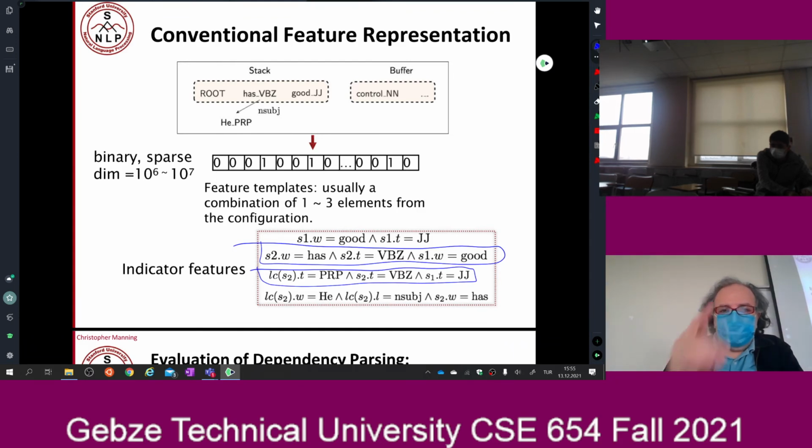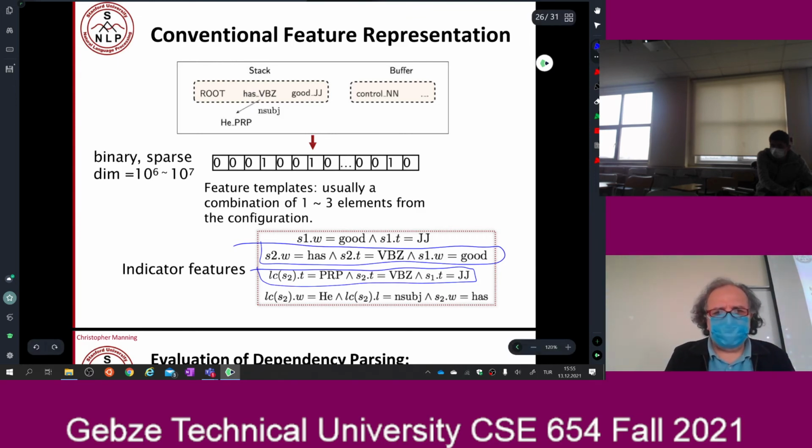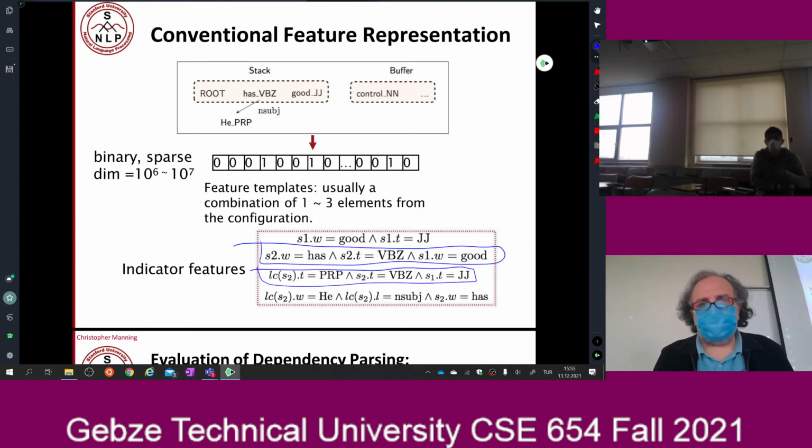What kind of features can I keep? I can keep the part of speech tags of these words. For example, this one is adjective, this is verb, this is nominal noun, and so on. I can get all of those features and ask a machine learning system to make a decision for me.